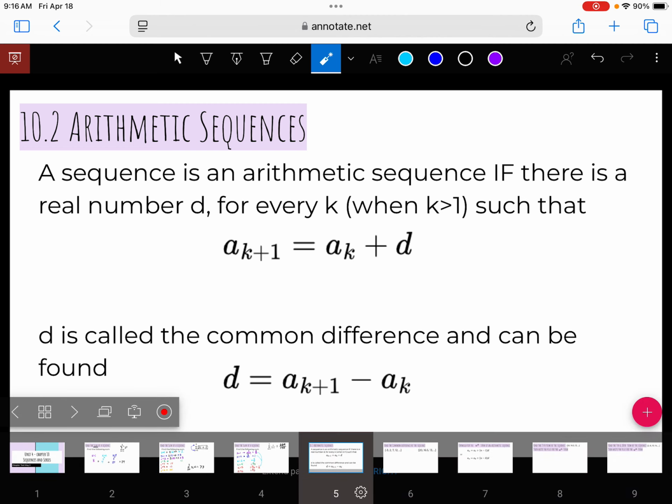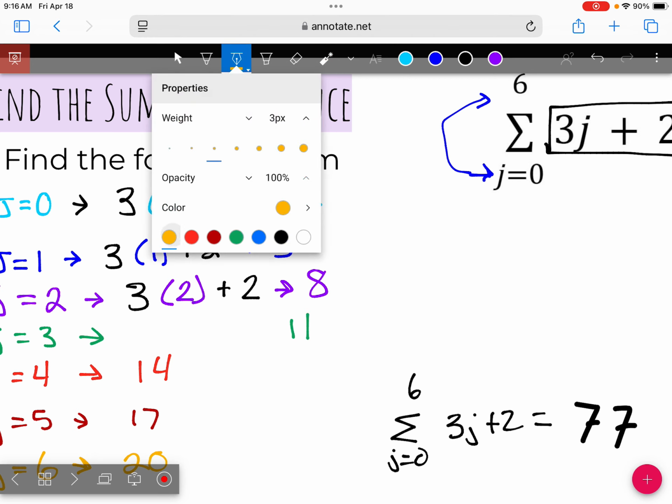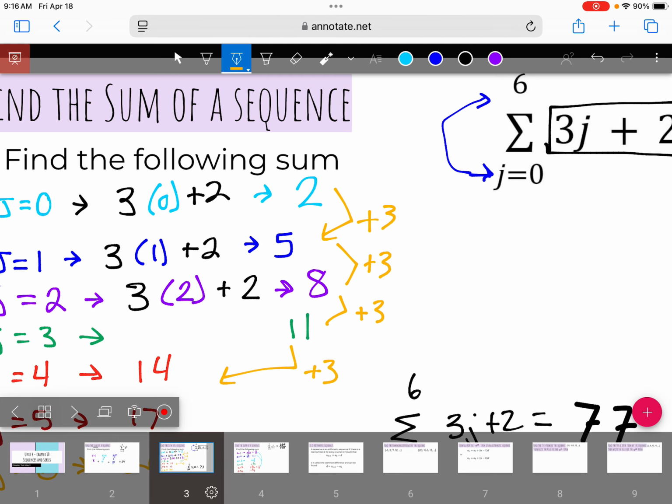So when we moved from piece to piece, we noticed that this was plus 3, plus 3, plus 3. That's what I mean by an addition sequence. This was adding, right? So that would make this an arithmetic sequence.